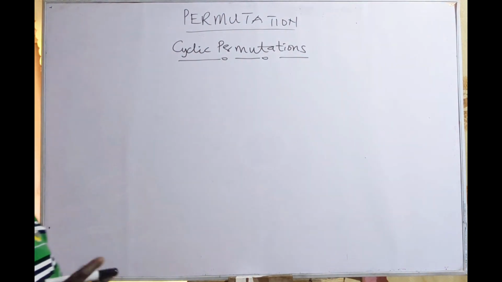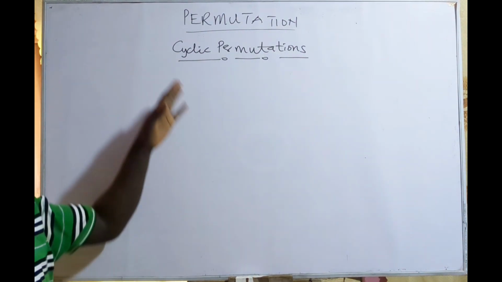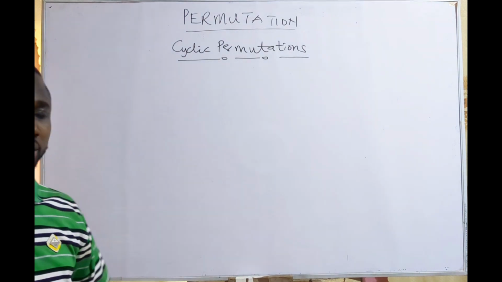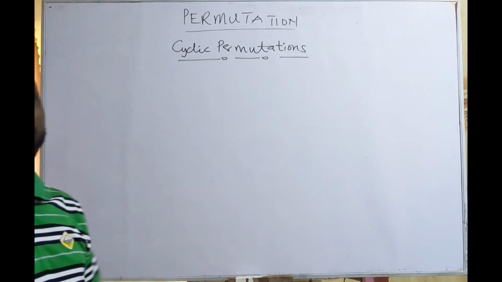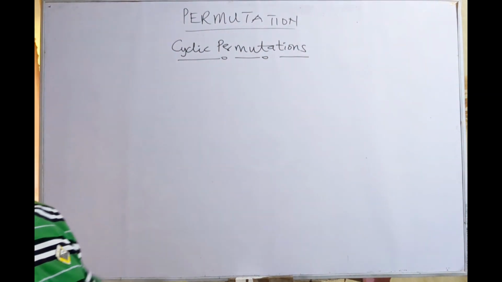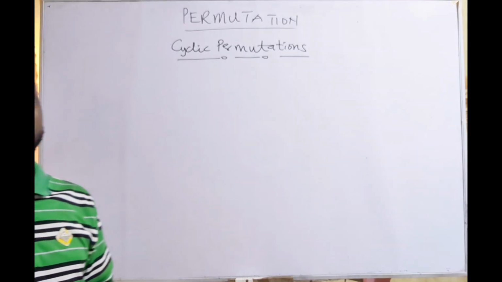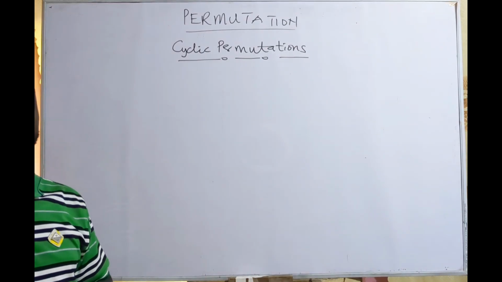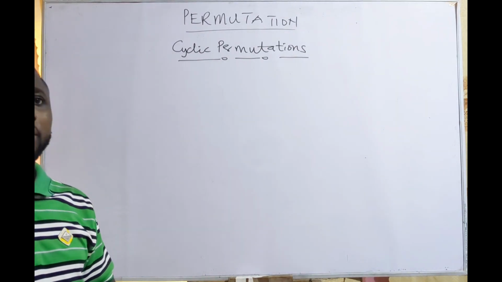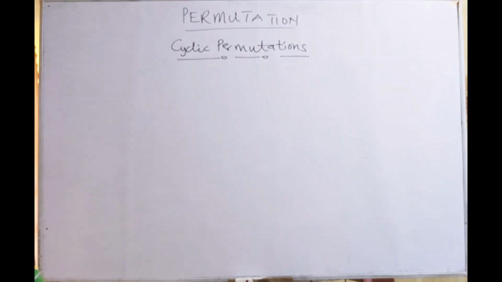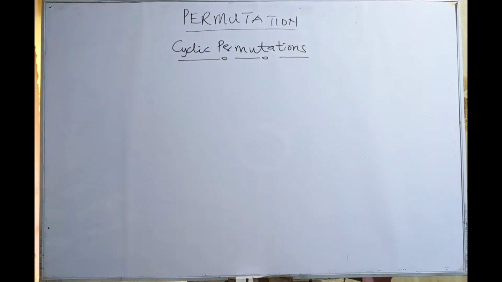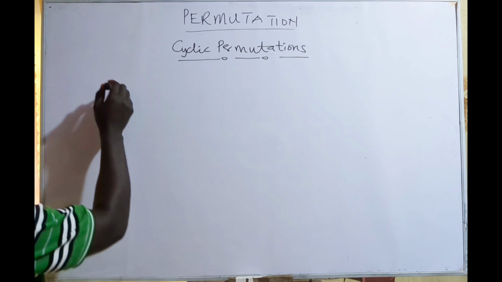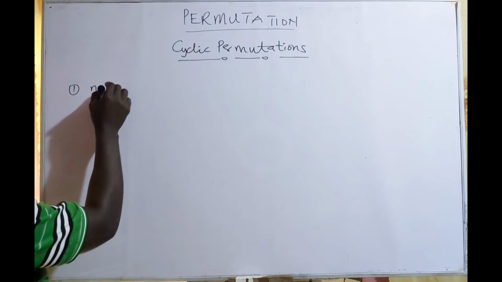Let's continue our lesson on permutation as we look at cyclic permutations. In a cyclic permutation, we are going to look at when objects are arranged either in a ring or in a circle.